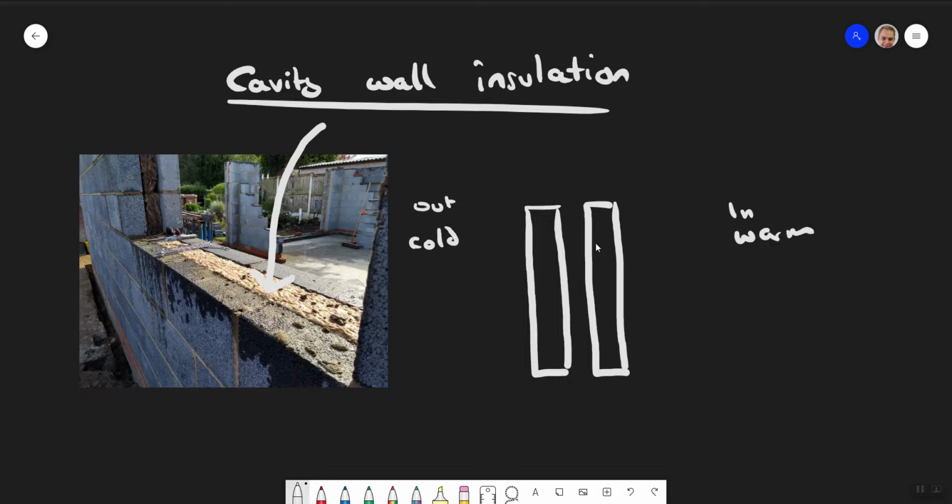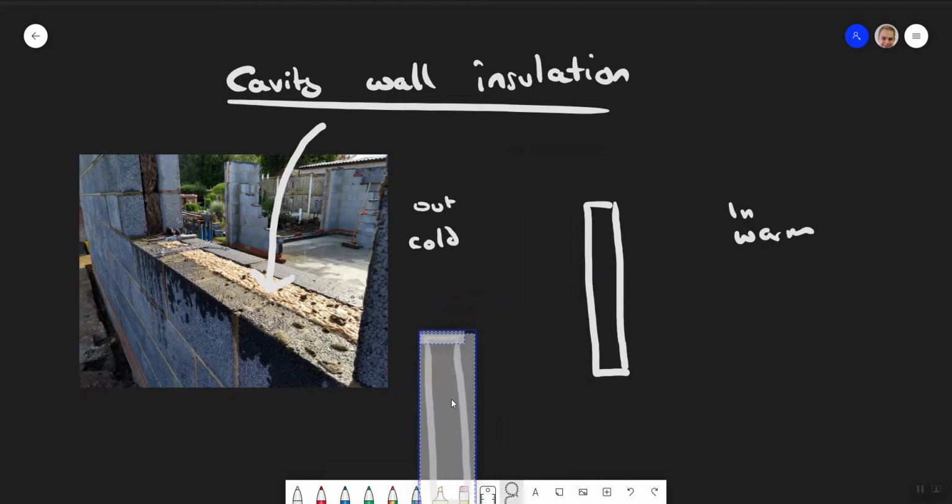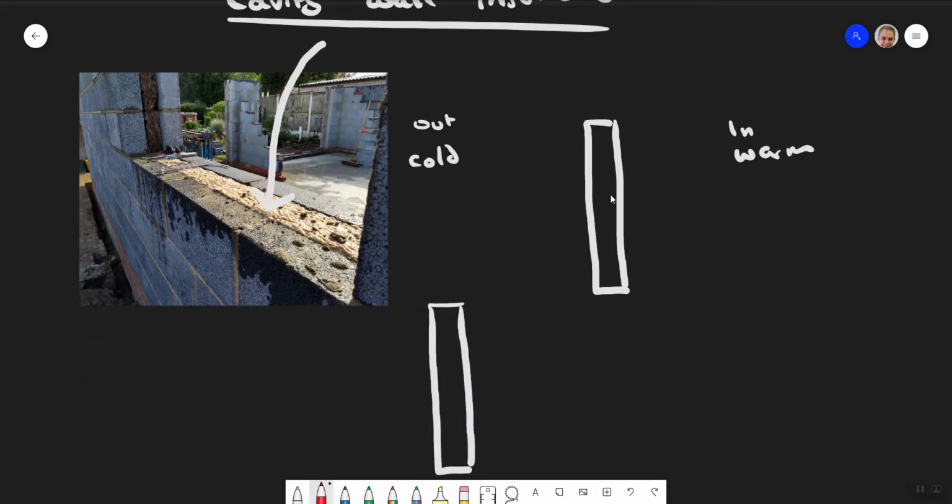If you only have one layer, then eventually you'd get conduction through the solids of the brickwork and then out to the outside.